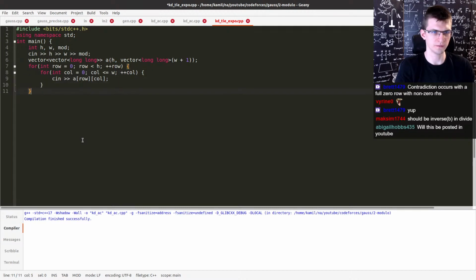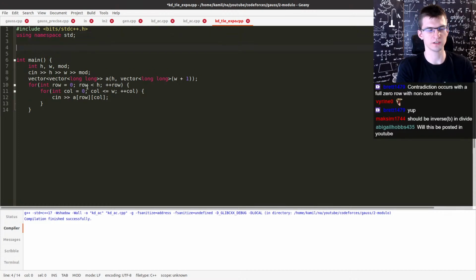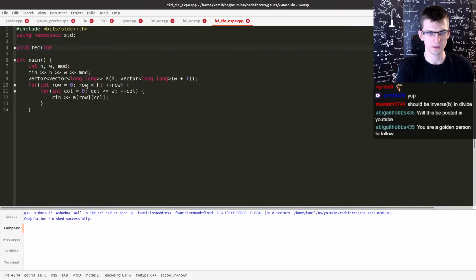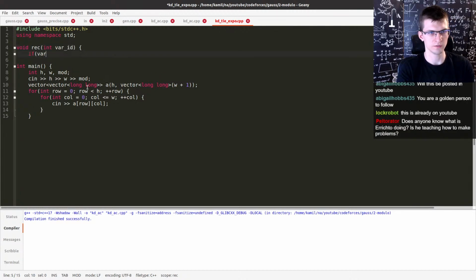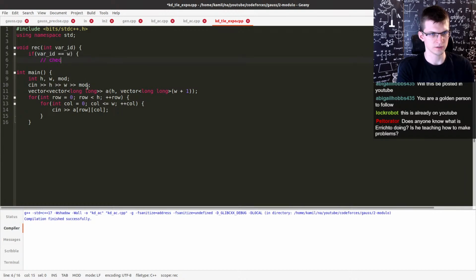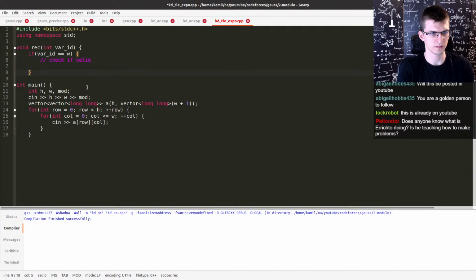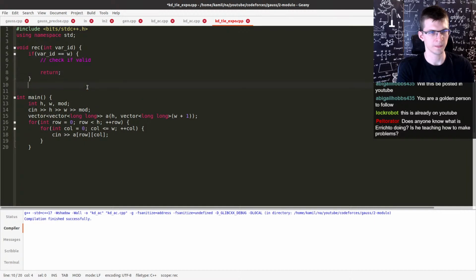Input is read. Maybe I want to make this global. I will have a recursive function that tries all the values. Let's say variable ID or something like that, which is basically column. Variable ID is equal to W, then we are done. Check if valid, and then return.